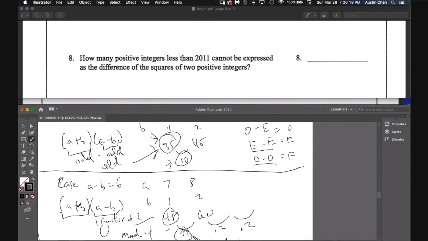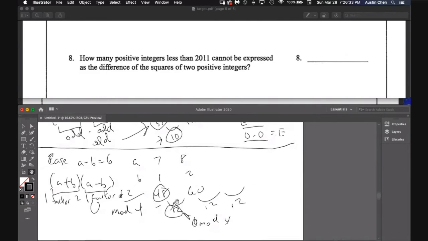Now, if a number is even, what does that mean? It means that it also has to have at least one factor of 2. So both these terms have at least one factor of 2. That means the product will always have at least two factors of 2, which means each of these terms will always be 0 mod 4, or divisible by 4.